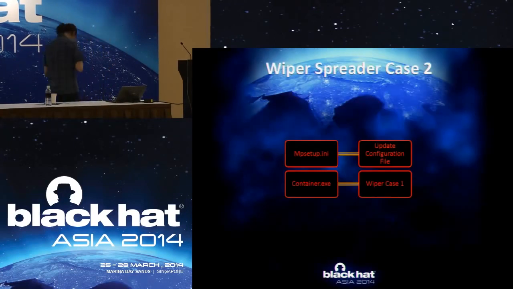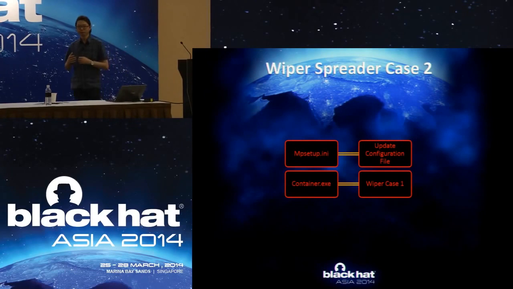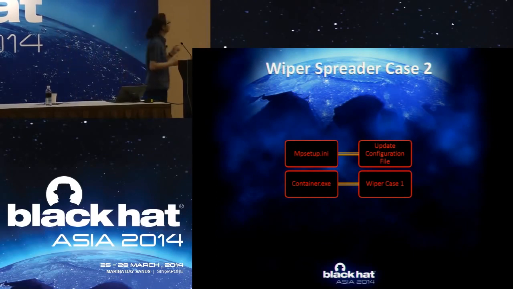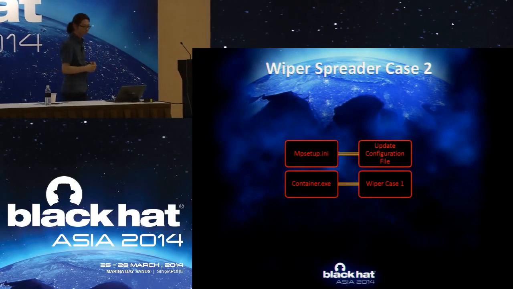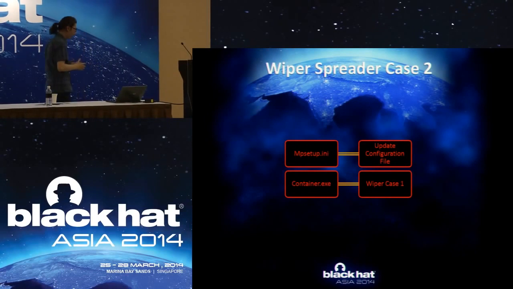Here is another Viper spreader. Unfortunately, I didn't get the dropper. Maybe it actually doesn't have a dropper. It's 2 files, np setup.ini and container.exe. The np setup.ini is the update config file for the nlab policy center. The container.exe is actually the Viper case 1, an exact match. But there are no connections, right?